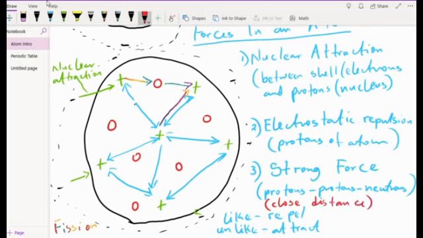The strong force only exists over a very close distance. That is, when the protons and the neutrons are far apart, this strong force might go away, and that makes the nucleus unstable. But when they are very close together, then the force exists. When they are far apart, the force is very negligible or doesn't exist at all.